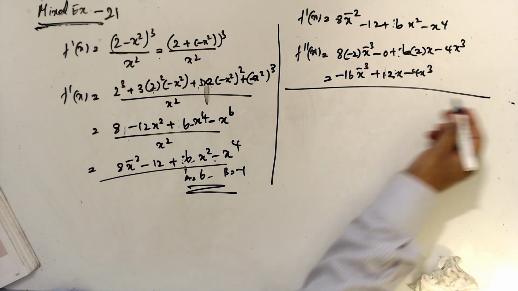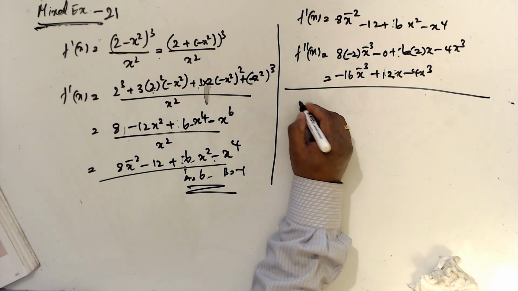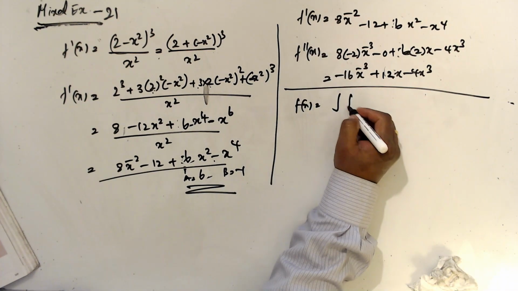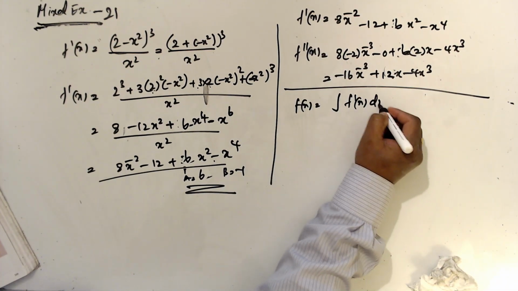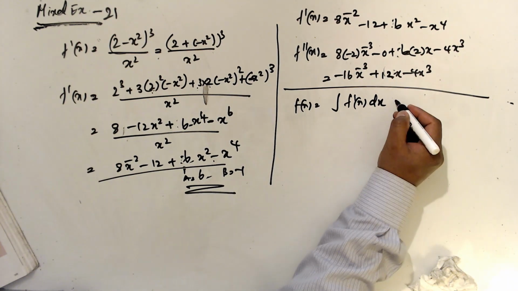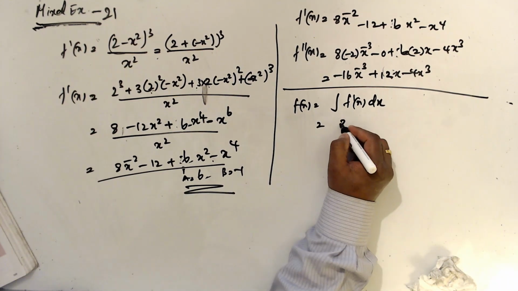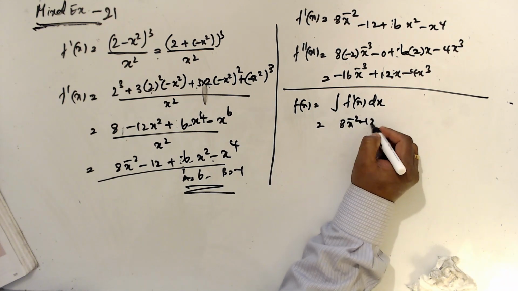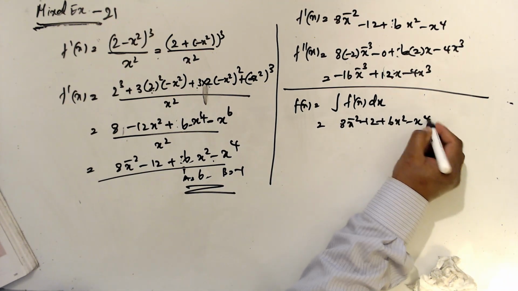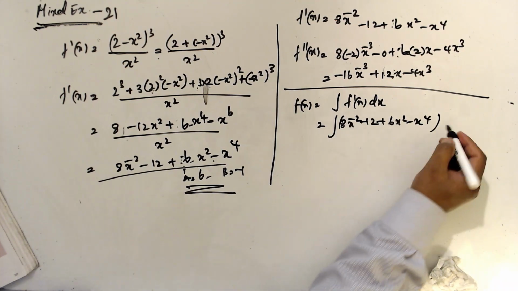Now I need to find f x, the curve. F x, when we integrate f dash x with respect to x, we will get: f dash x is 8x minus 2 minus 12 plus 6x square minus x to the 4, dx.